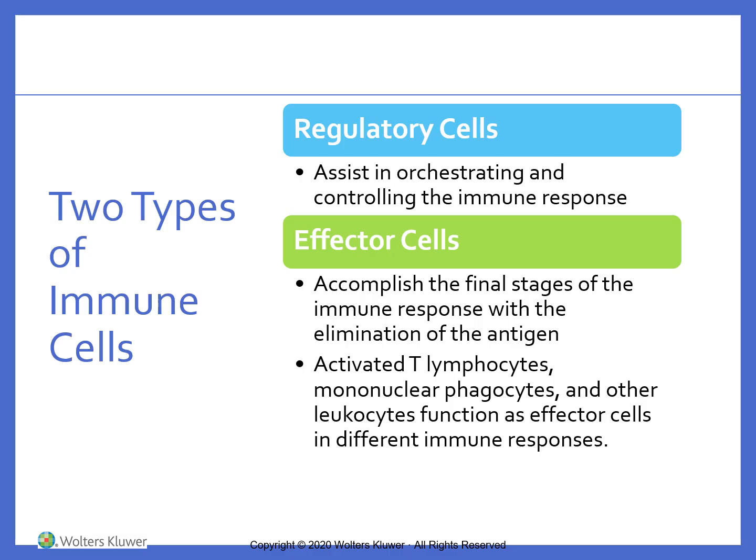So those effector cells, again, accomplish the final stages of the immune response with elimination of the antigen. So things, again, like activated T lymphocytes, phagocytes, and other leukocytes within the immune response. So regulatory cells are orchestrating and controlling this response, either turning on or off different functions in the immune response. And the effector cells carry out the actual destruction and elimination of those antigens.